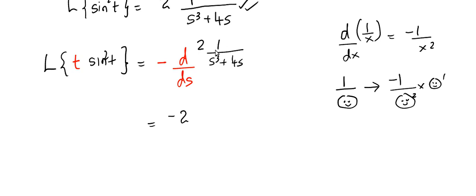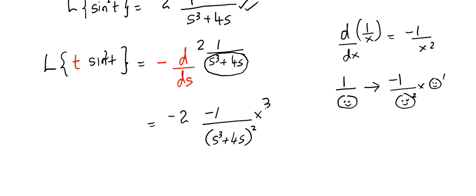Okay, now we start with this 1 by something. That will be minus 1 by the same quantity squared times the derivative of this quantity. That will be 3s square plus 4.